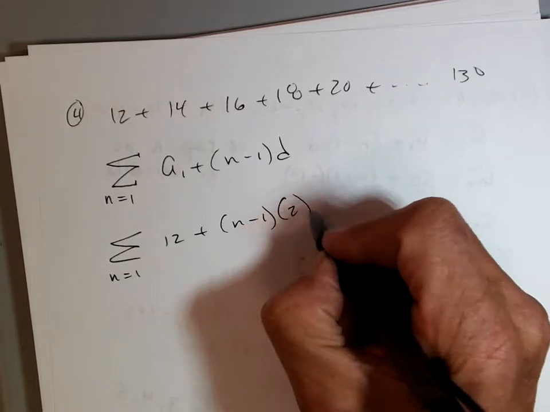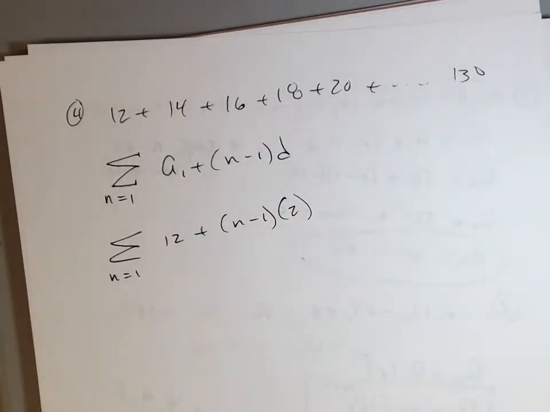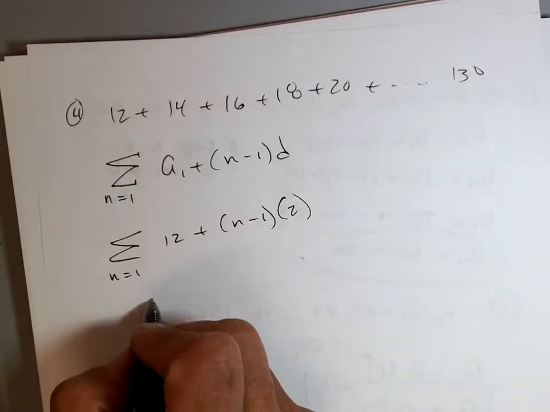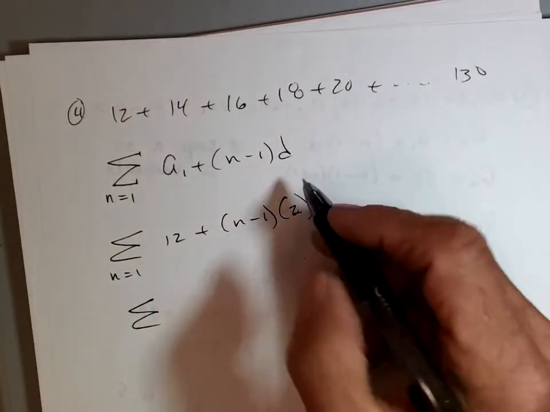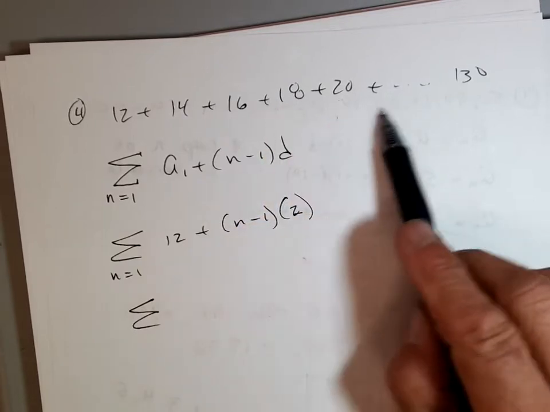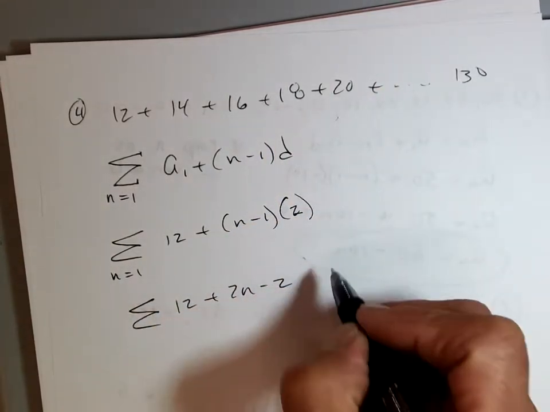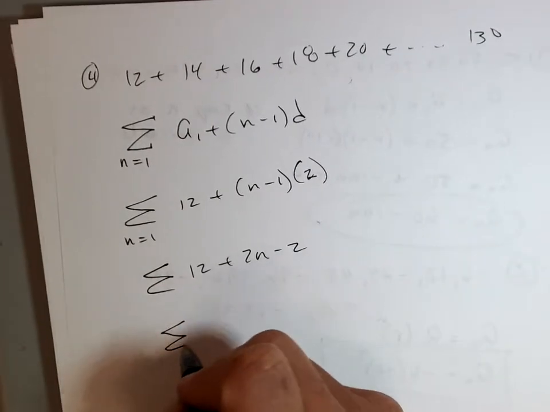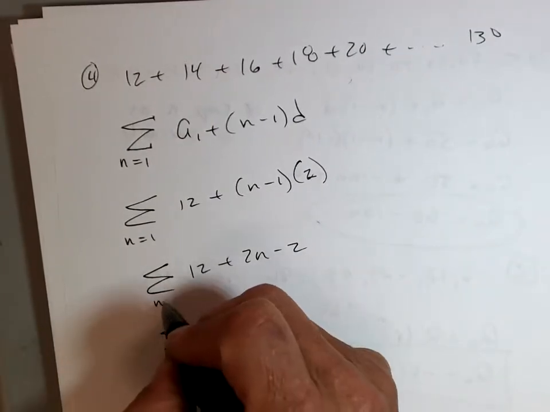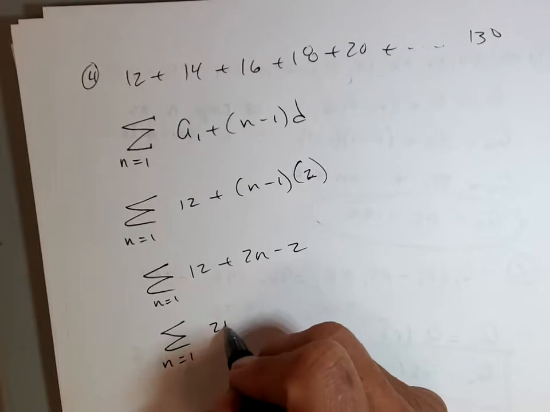Okay. I'm going to simplify this. If you don't, I wouldn't mark it wrong, but it's easier for me to work with it if I do. Yeah, because the difference is up 2. So 12 plus 2n minus 2, or sigma n equals 1 of 2n plus 10.